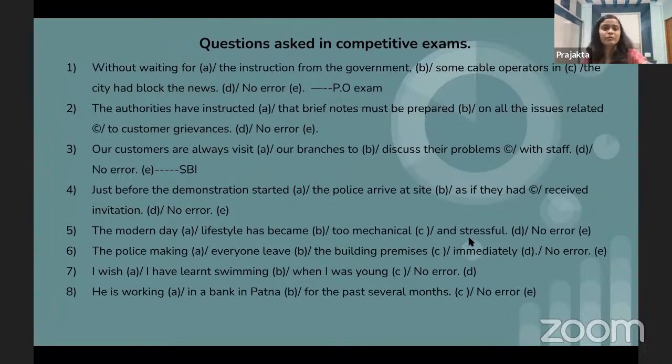So what has it become? Mechanical and stressful. They are stating a fact. Whenever we talk about facts, we never use the helping verb has. Here it should have been became, so become should be there. We will cut has, and say become too mechanical and stressful. So the error is in section B.